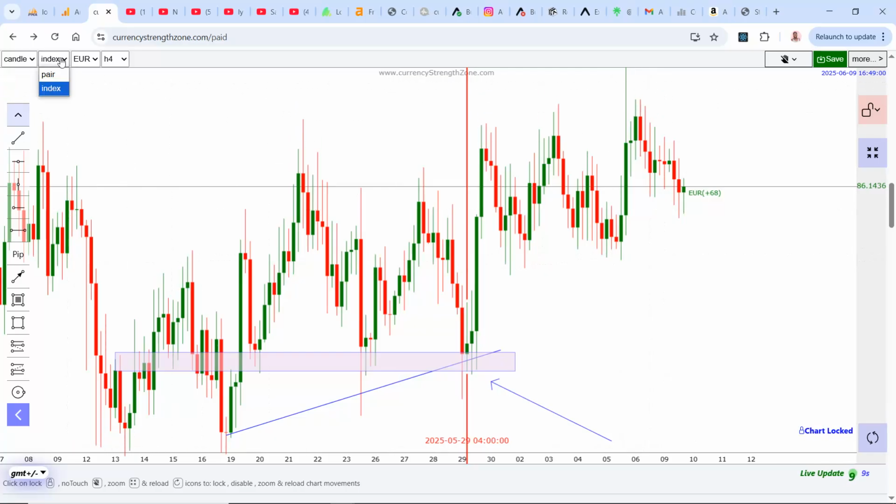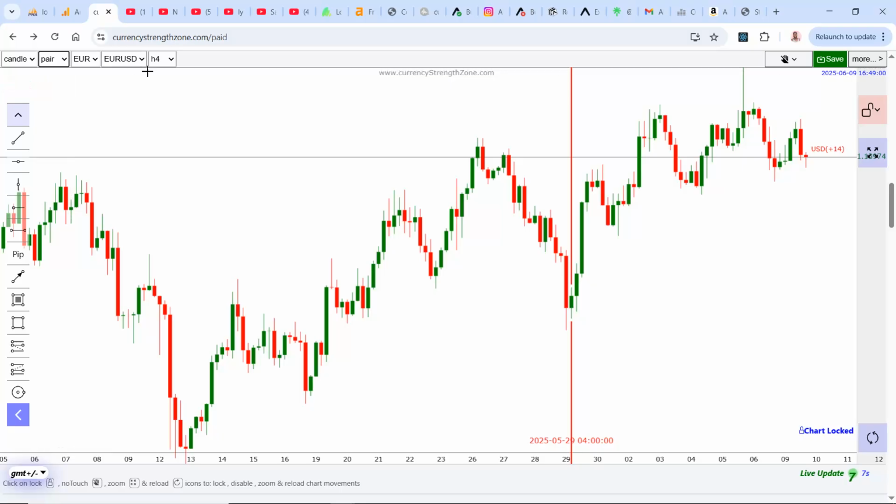Therefore, market equilibrium has happened for Euro USD.